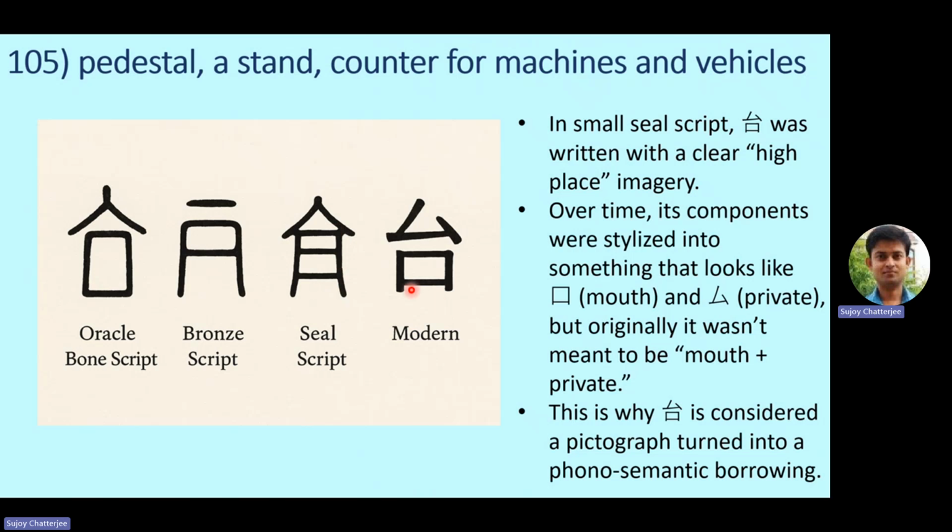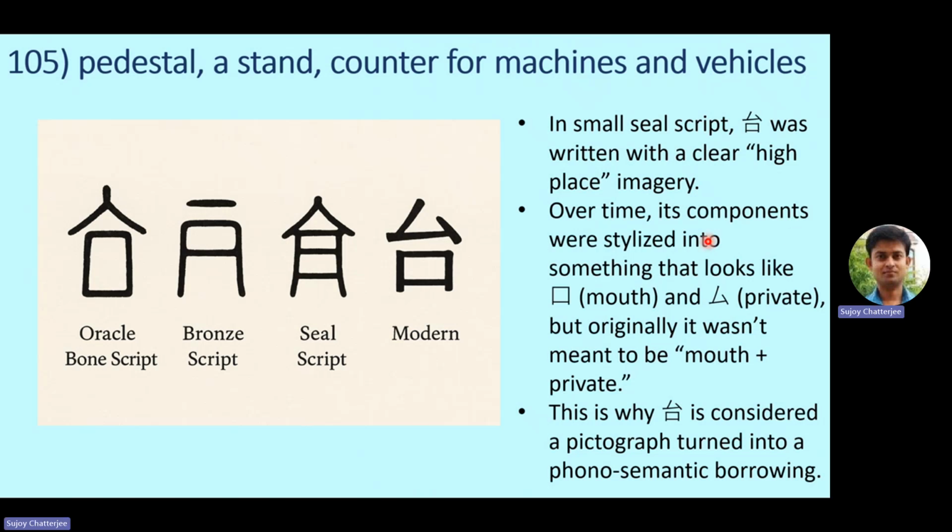And in the modern form, this pedestal has evolved like this, but coincidentally this one means the mouth and this one means private. So although this character has nothing to do with private or mouth, still these are used to represent this pedestal. In small seal script, this character was written with a clear high place imagery, as we can see here.